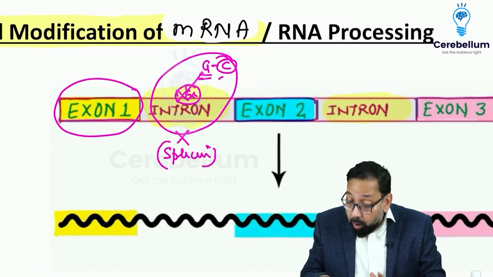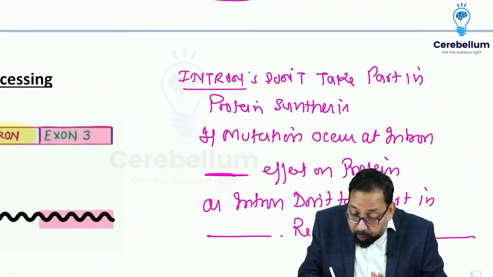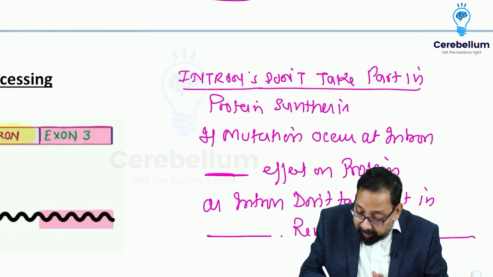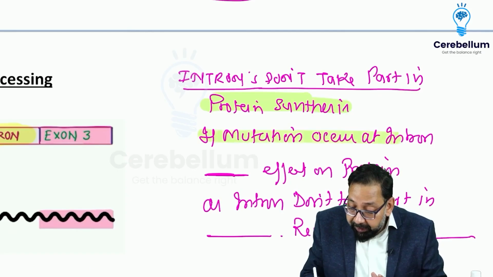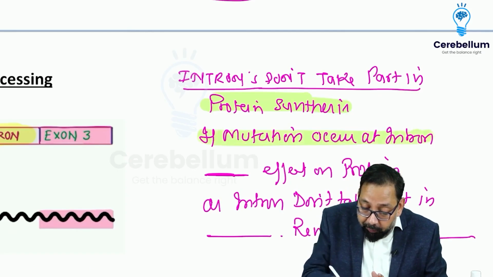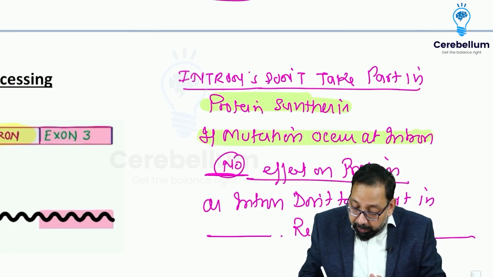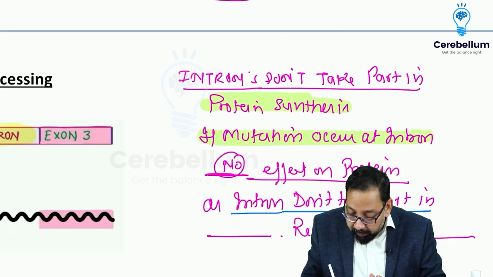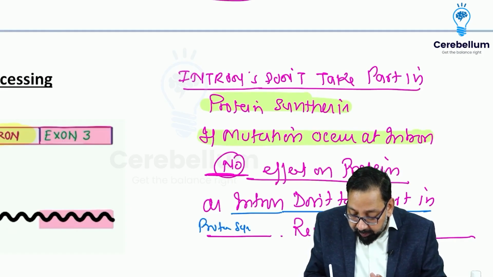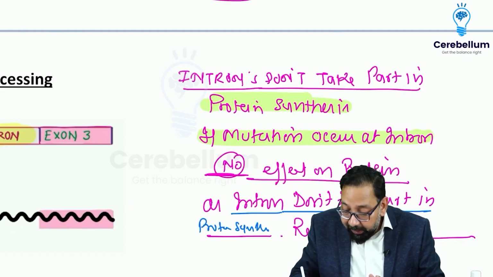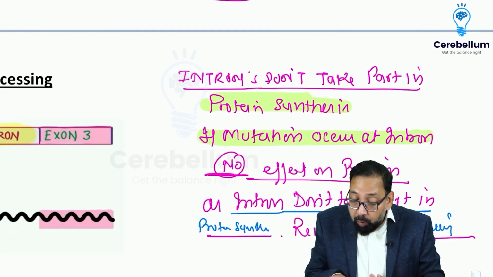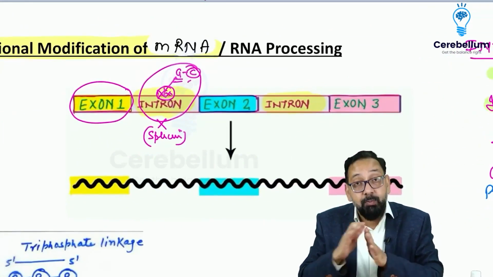If a mutation occurs at an intron, there would be no effect on the protein because introns don't take part in protein synthesis and are removed by splicing.